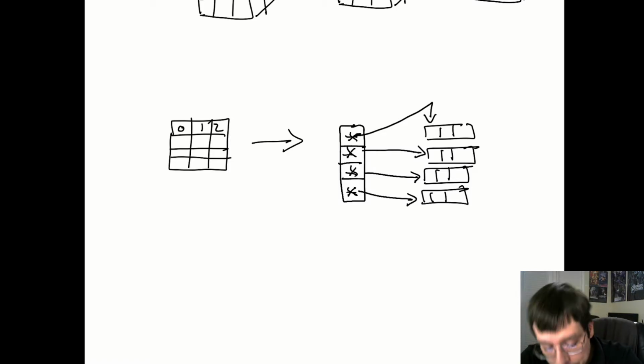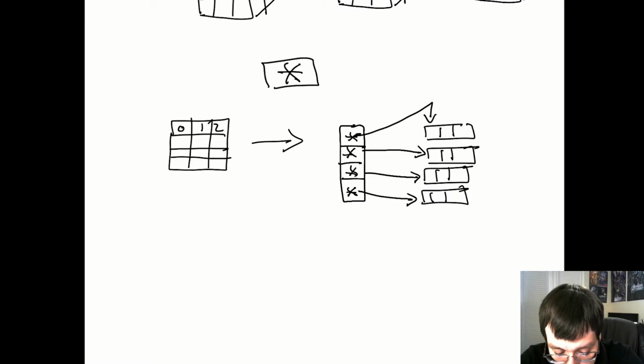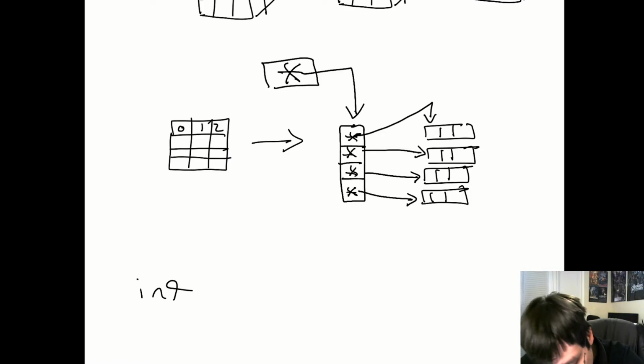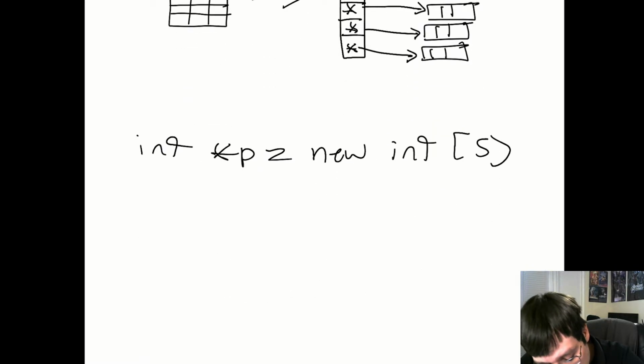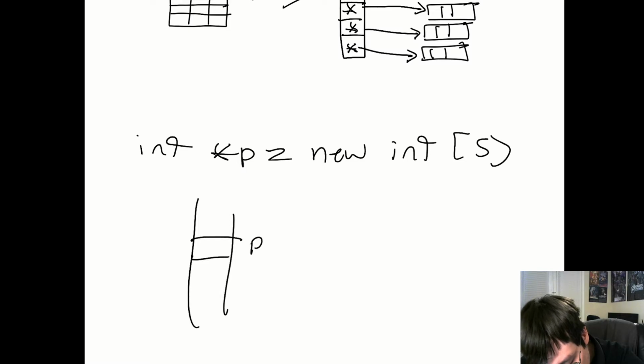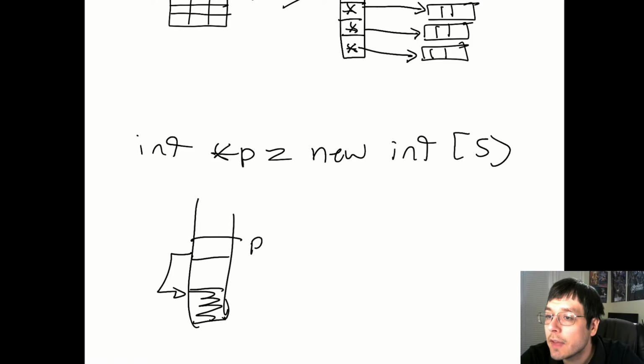So now I have a pointer, call it the main pointer, a single pointer that's going to point to the beginning of this array, because I know that's what actually happens, right? When I say something like int p gets new int 5, what I'm saying is in memory I have p, and then I have the block of memory for the array, and p points to the beginning of that.